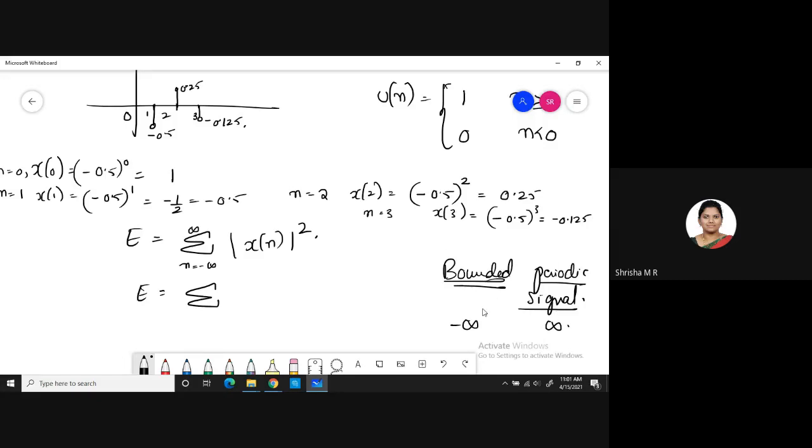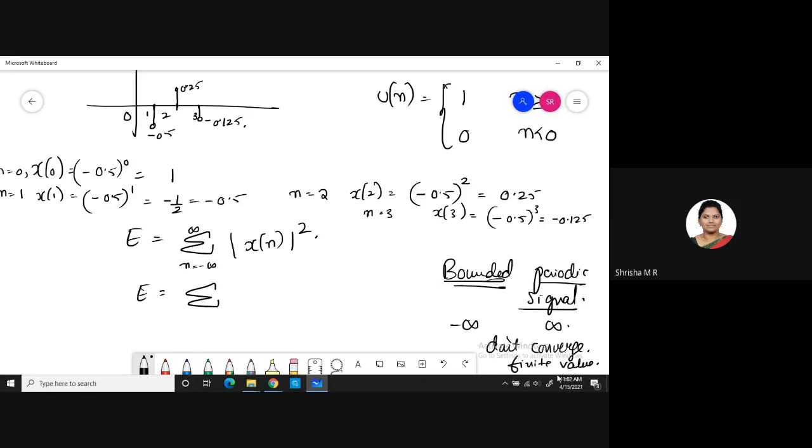Bounded periodic signals are power signals and they don't converge to a finite value. But what about these? They're converging to a finite value, so this is an energy signal. I'll explain after I do this problem. Bounded means in the range of minus infinity to infinity, and they don't converge to a finite value.